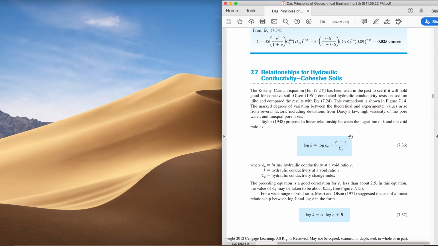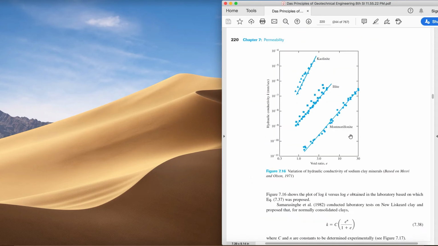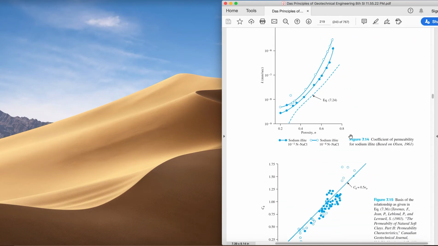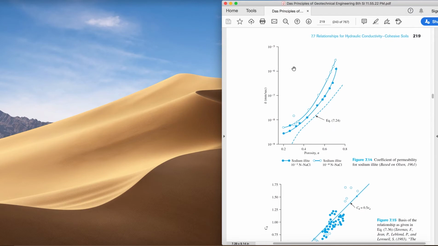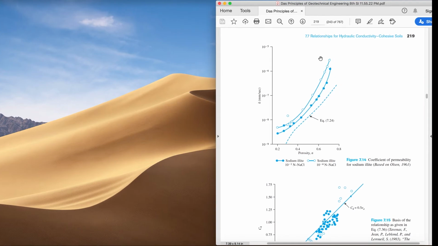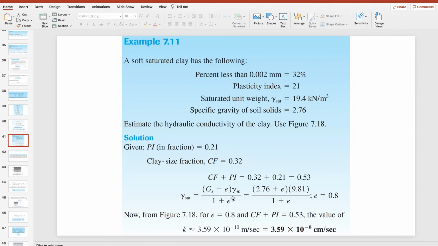Okay, figure 7.14. Nalagpasan. Ito. So, figure 7.14. So, using this figure, we have these values.